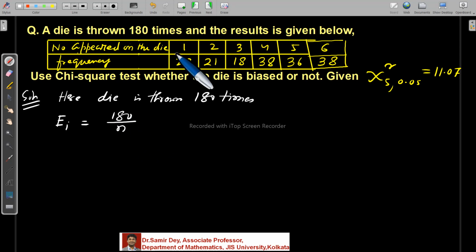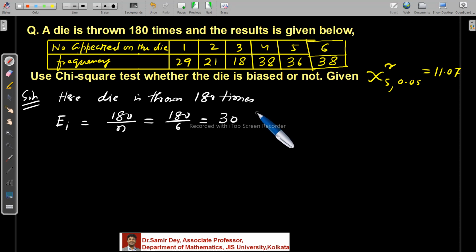What is n? How many outcomes you have. So here it is 180 by 6. If you use your calculator, it is 30. That is the expected frequency for each and every outcome: 30. Okay, is it clear?